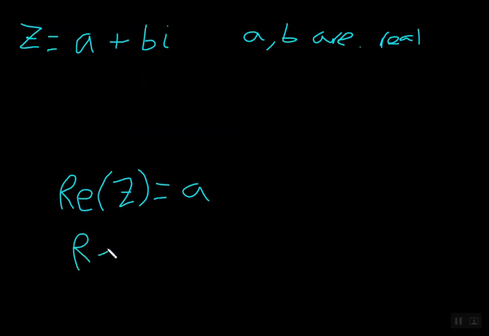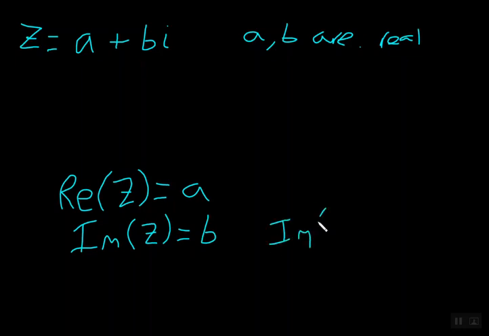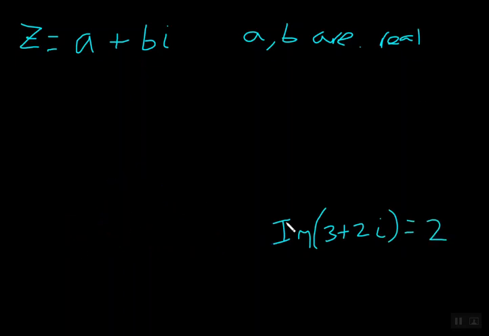The imaginary part of a complex number z, that is a plus bi, is b. So in that example, when I had 3 plus 2i, the real part of 3 plus 2i is 3. The imaginary part of 3 plus 2i is 2. And you could write it something like Im of 3 plus 2i equals 2. So this is really basic. Hopefully we've got this down.